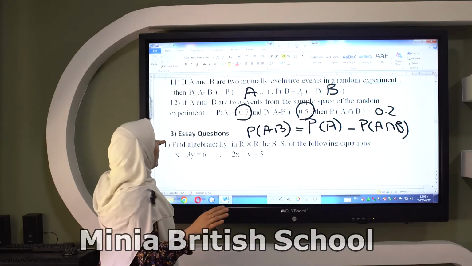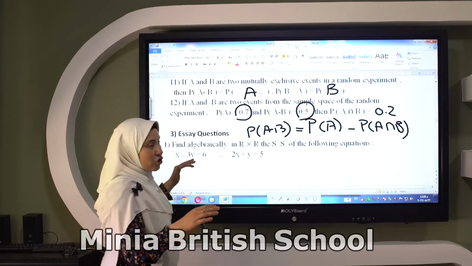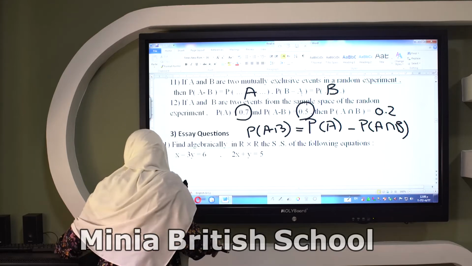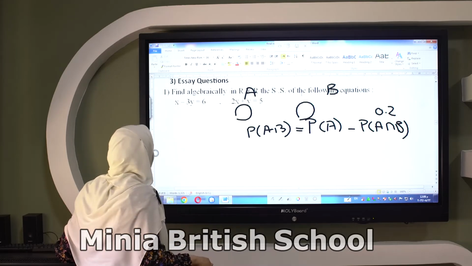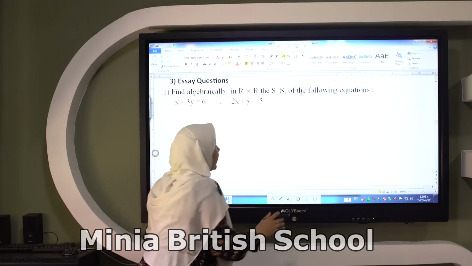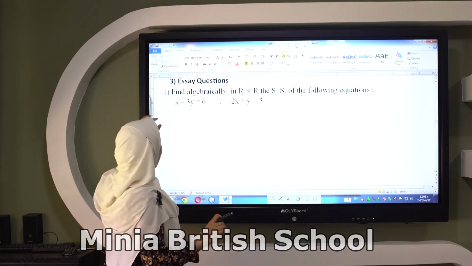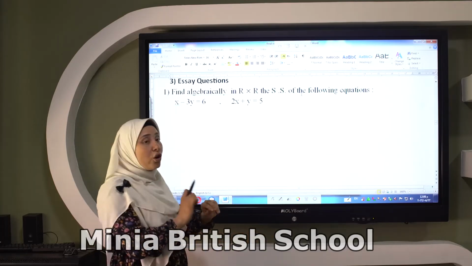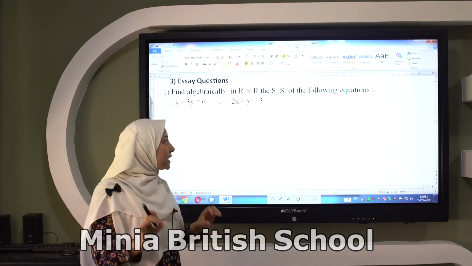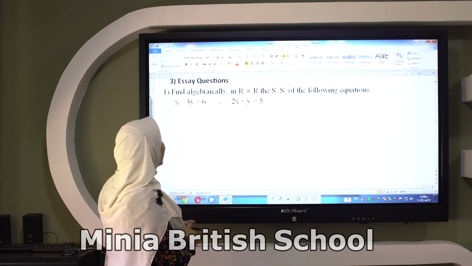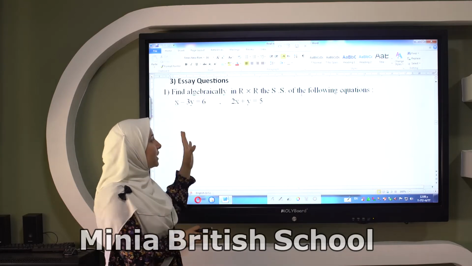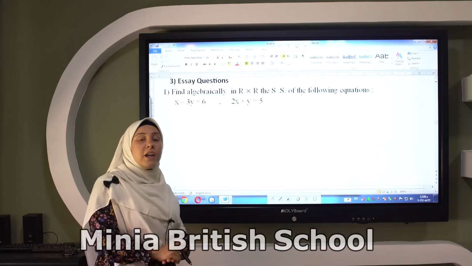Now the essay questions. Here in this question: find algebraically in R cross R the solution set of the following equations: x - 3y equals 6, 2x + y equals 5.